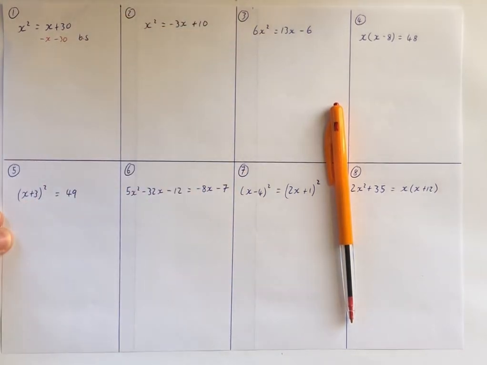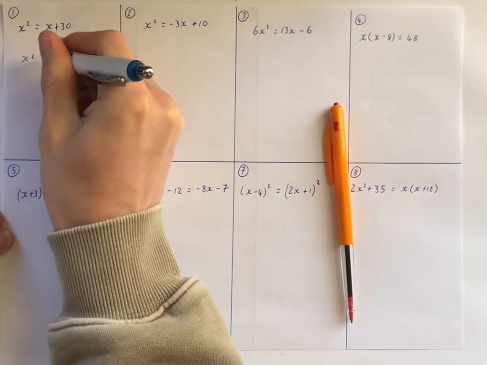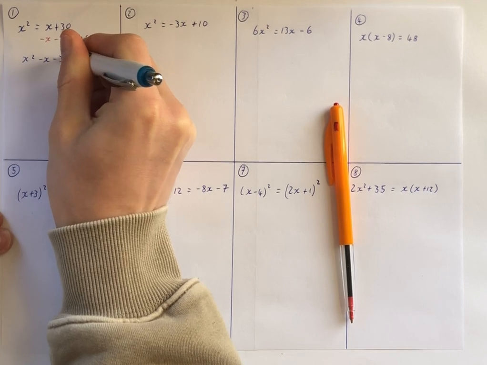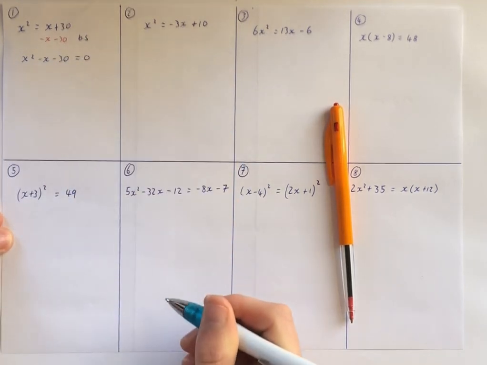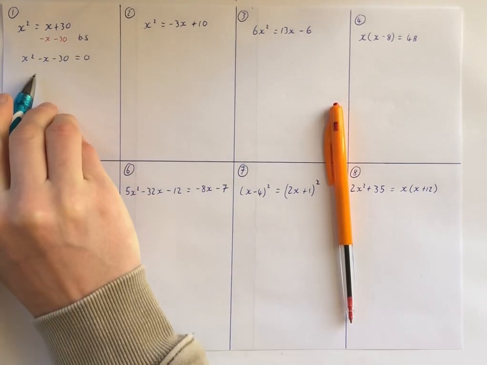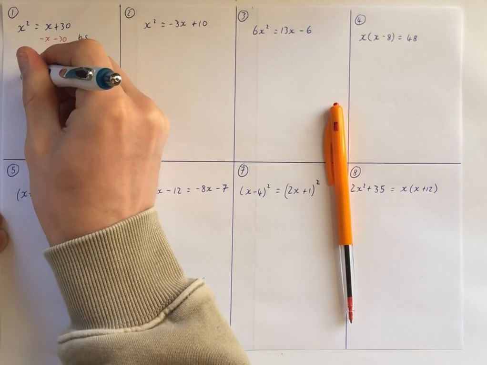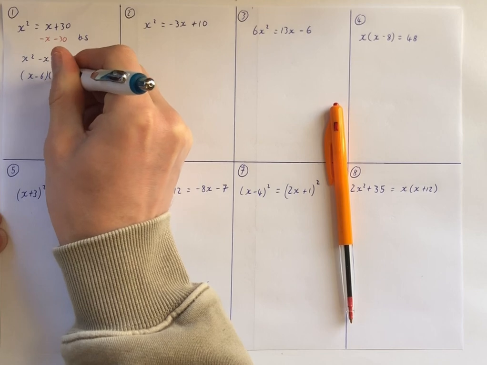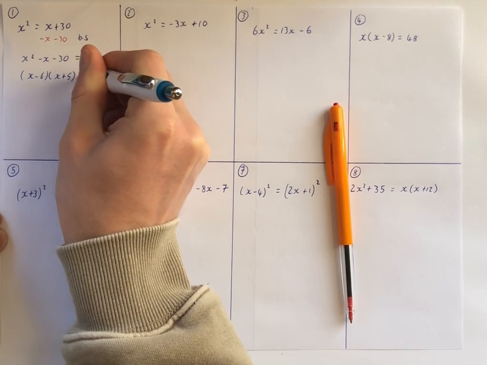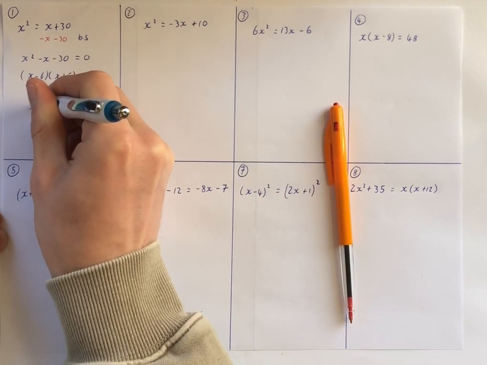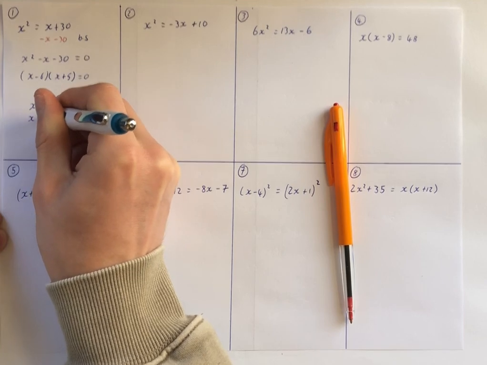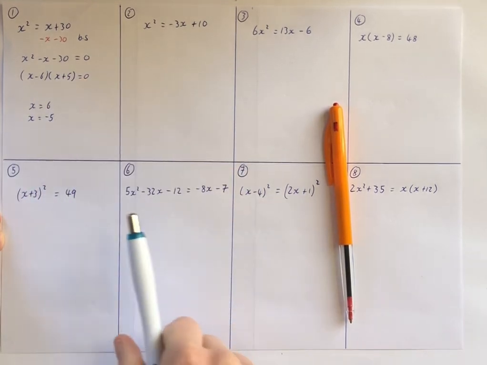So we get x squared minus x minus 30 is now equal to 0. I can factorize this, multiply to negative 30, add to negative 1: x minus 6, x plus 5 equals 0. So x is 6, x is negative 5.